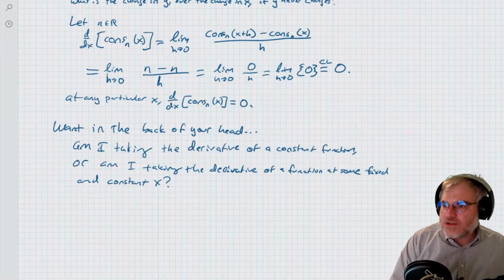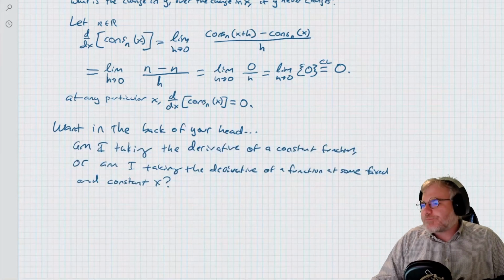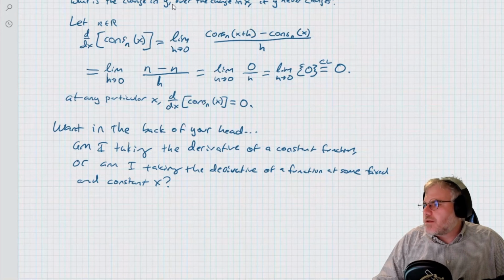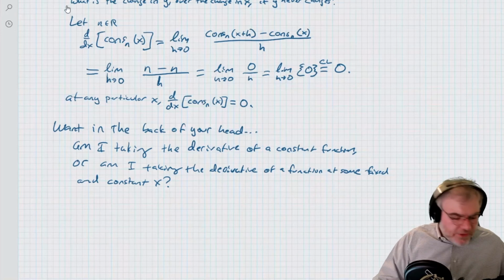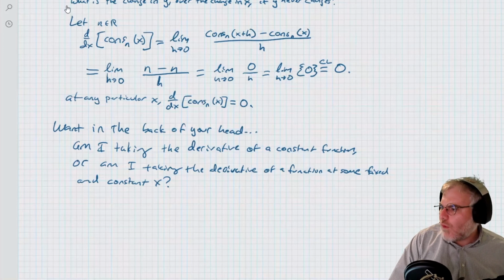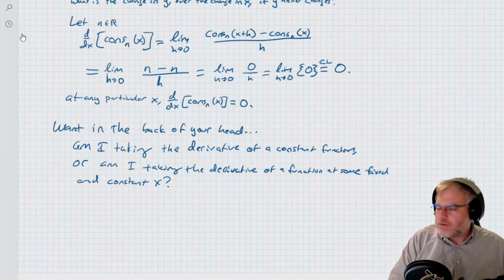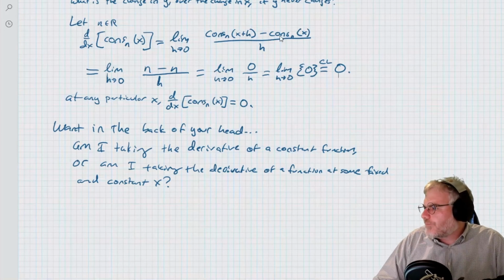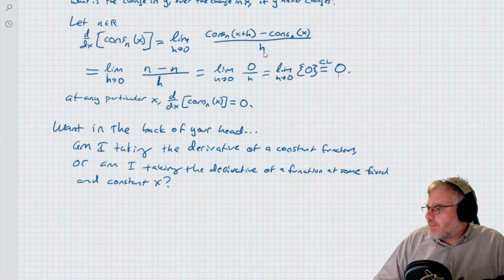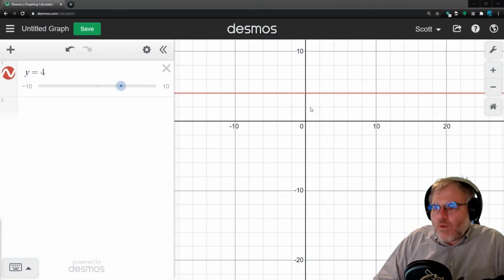If I'm taking the derivative of a flat line, so if f of x equals 4, if y equals 4 and I'm taking the derivative of that function, what's going to be left?